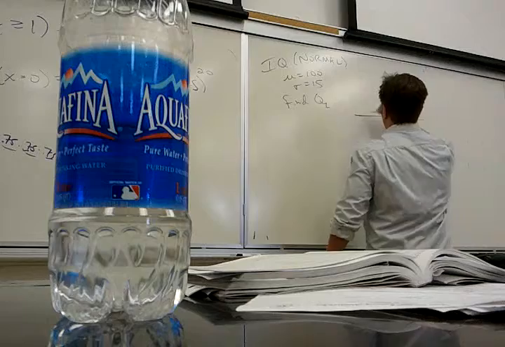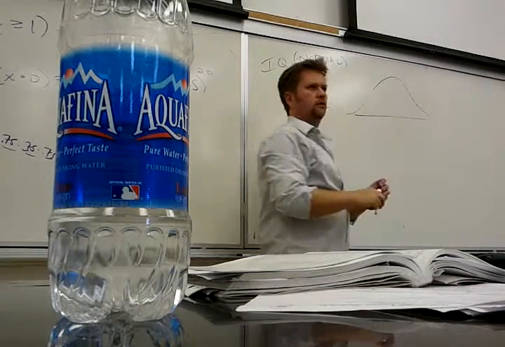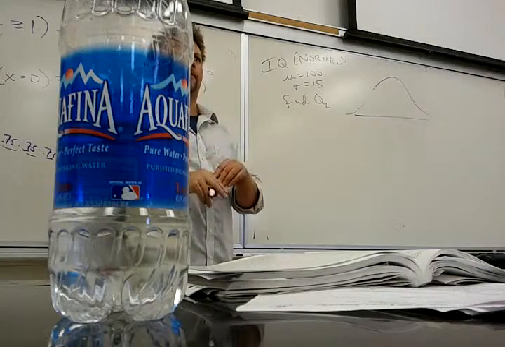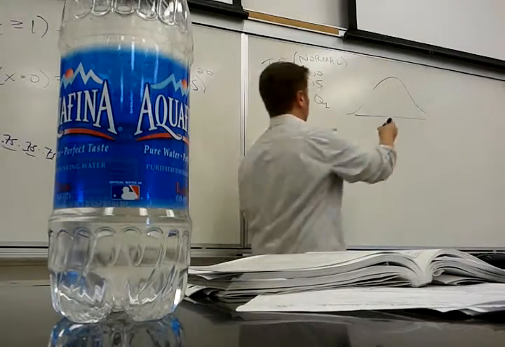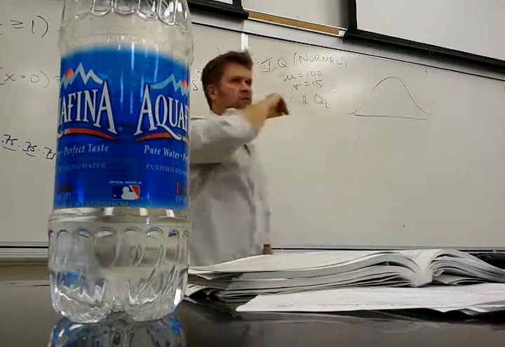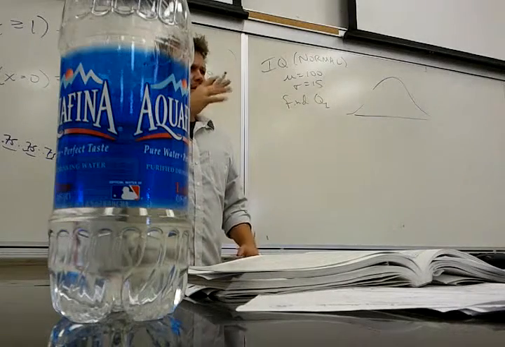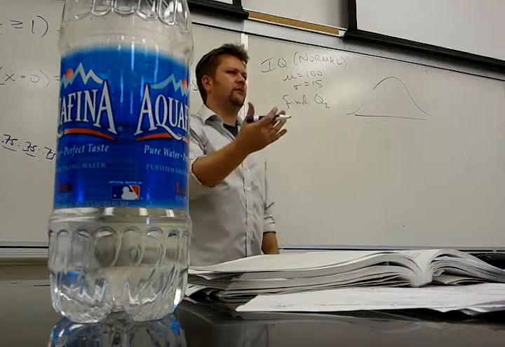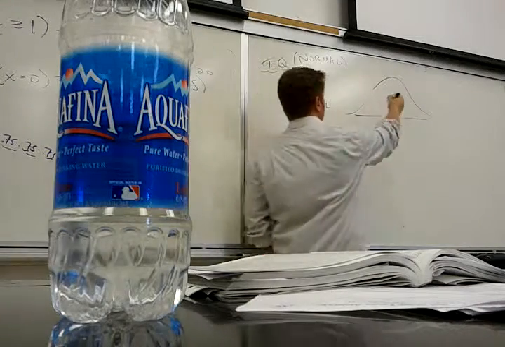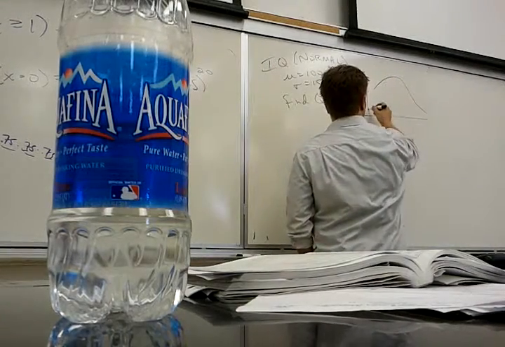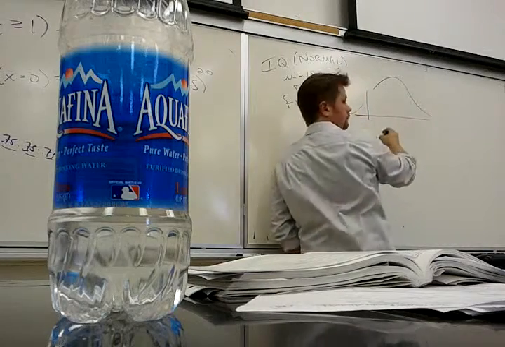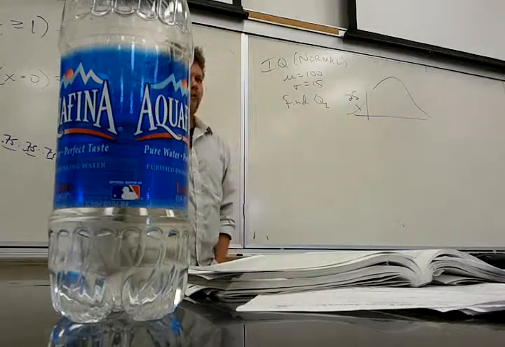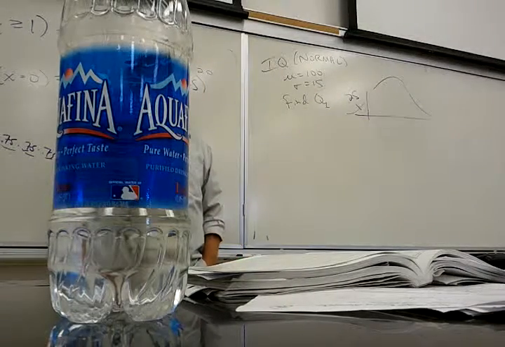How would you draw Q1? Where would that be? 25%. Okay, it's 25%, so where would that z-score be for that? Would that be a good IQ to have? Would you be proud of it? Not necessarily, right? It's below average. You've only got 25% of the population below you. So you'd have to be about right here. So this will be the 25% here, right? So that's step one, just drawing the picture correctly.